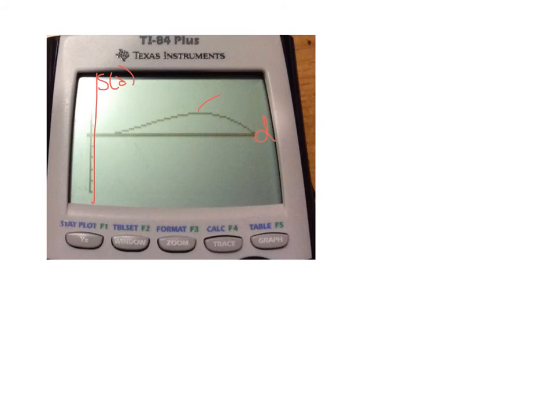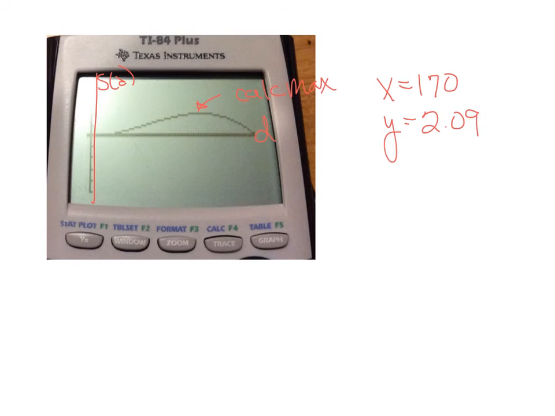And there's the maximum deflection, so if I do a calc max at that point, right, we get a point that says x is equal to 170 and y is equal to 2.09.